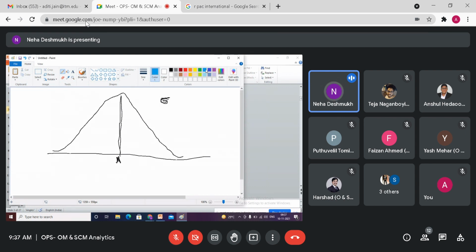Now I am having one sample whose mean is mu1 and distribution of data is like this, right? Second mean is here, mu2, and distribution of data is like this, right?